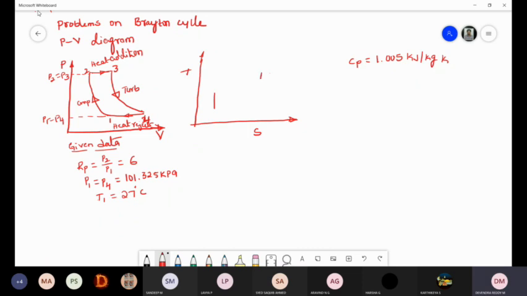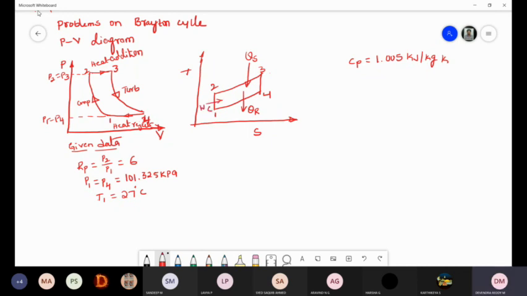This is the TS diagram. 1 to 2, 3 and 4. QS, QR.